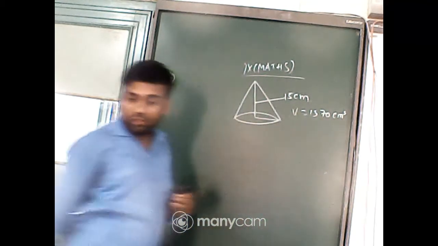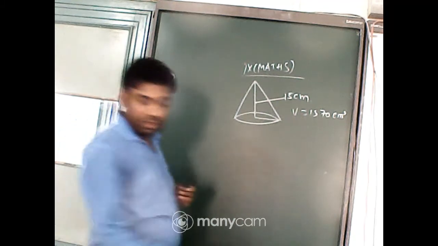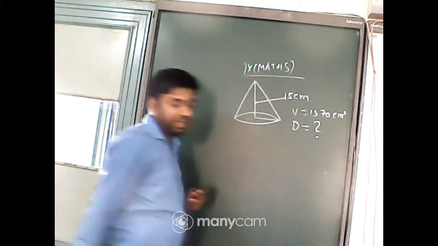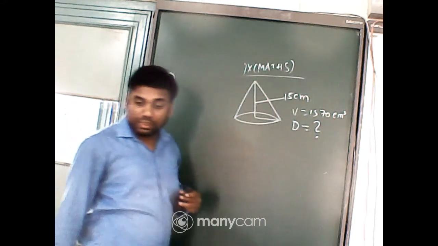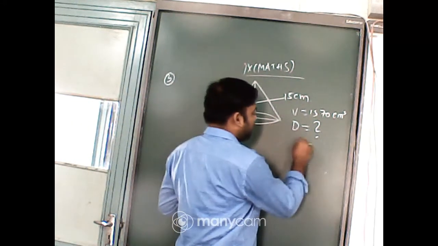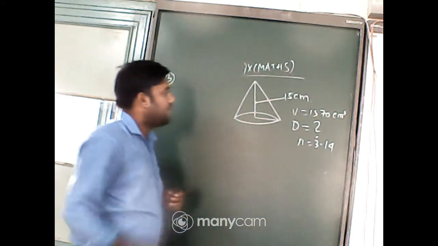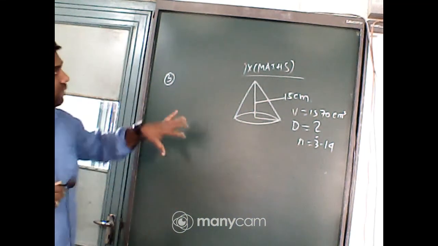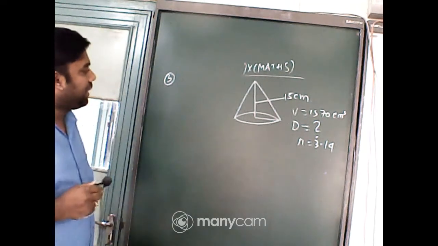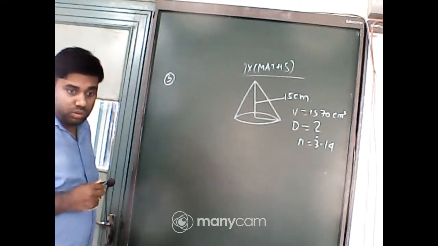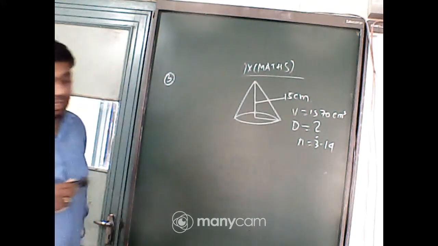Find the base diameter, that is D. It is also mentioned that you have to use pi equal to 3.14. Quickly answer it. A cone is given where 15 centimeter is the height, volume 1570 and D equal to. So tell me what is that base diameter?